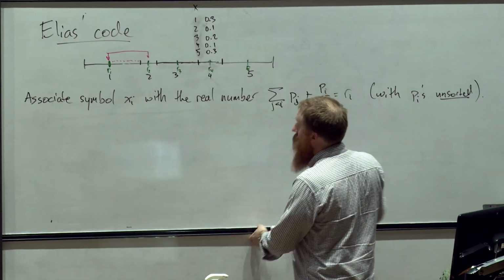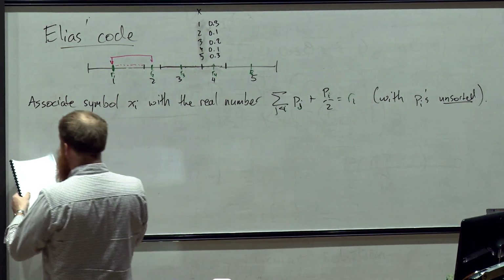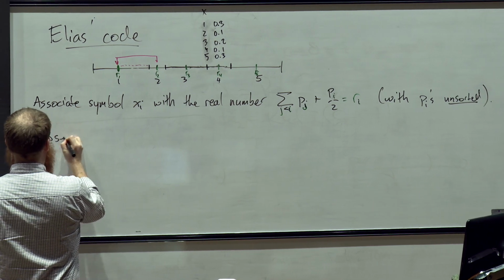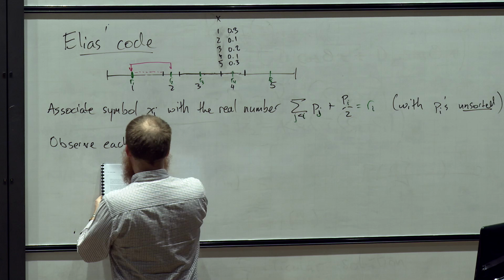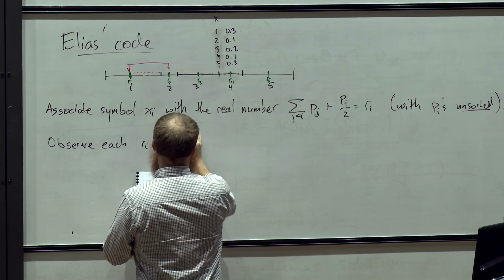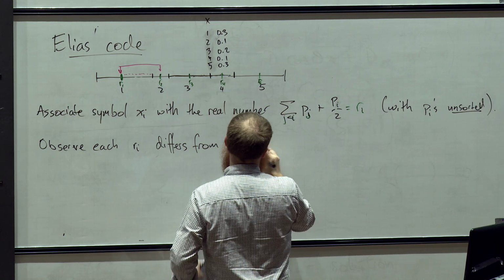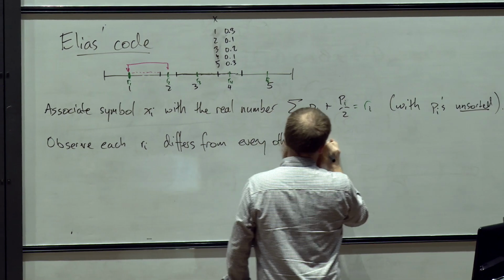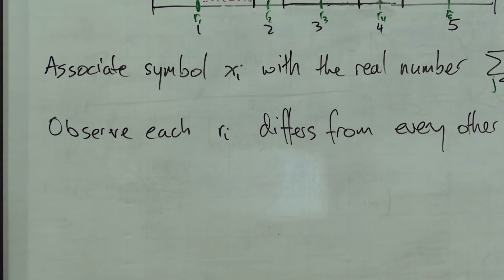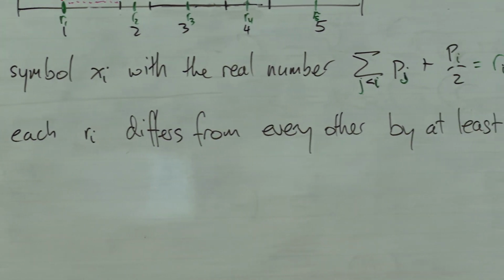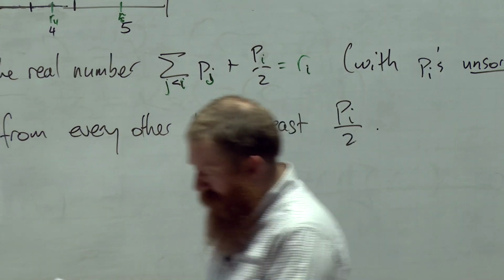Well, I'm going to do the basic trick. So observe each R_i differs from every other by at least p_i/2. So that's the distance. I can guarantee that distance.